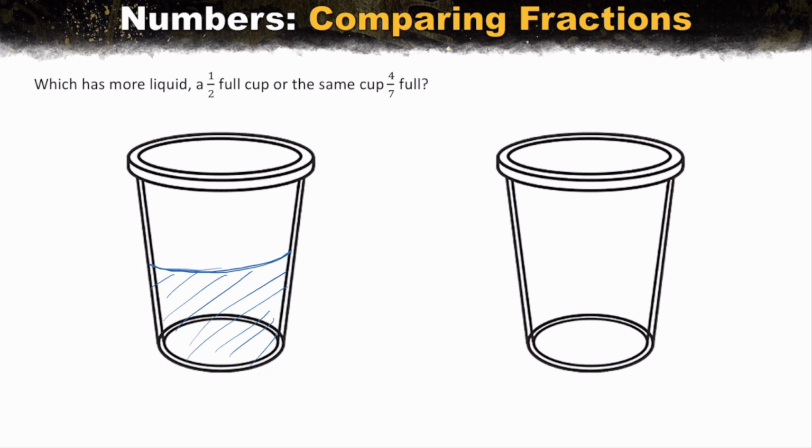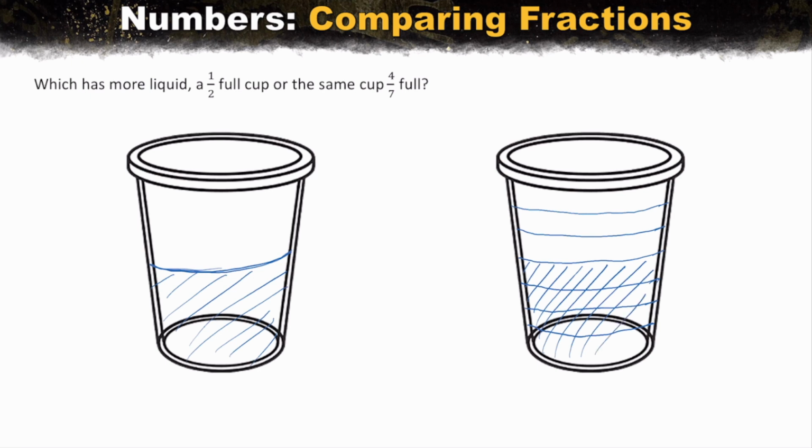I don't know how I'm going to do this well. 1, 2, 3, 4, 5, 6, 7. Let's hope that that's good. So on this one, we've got 4/7. So 1, 2, 3, 4.